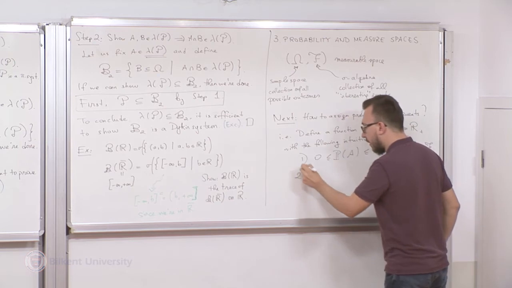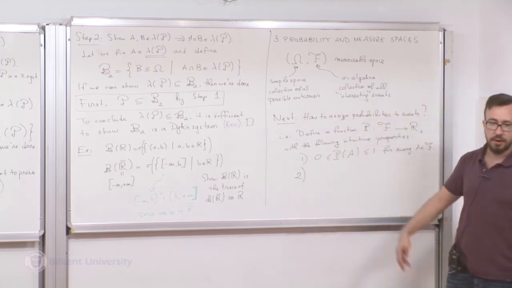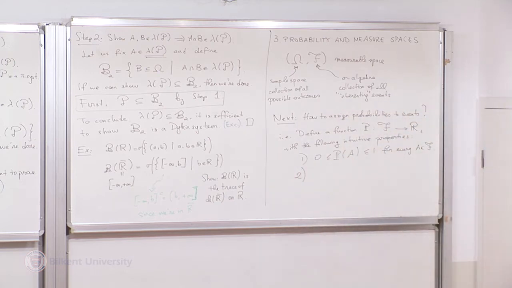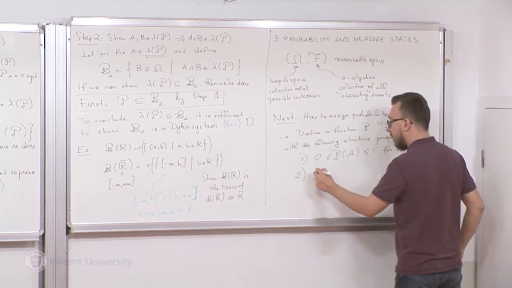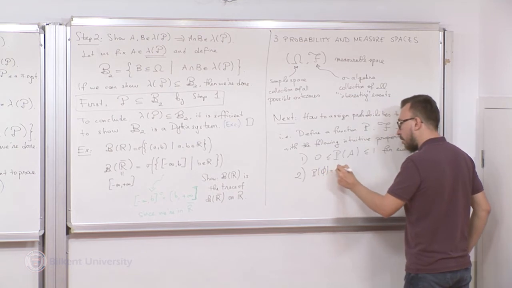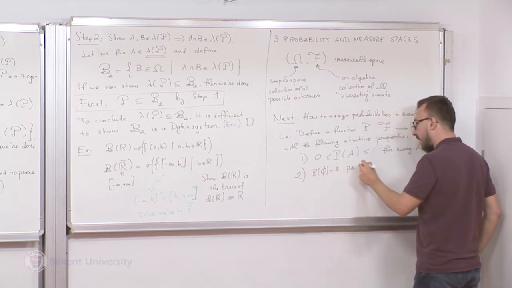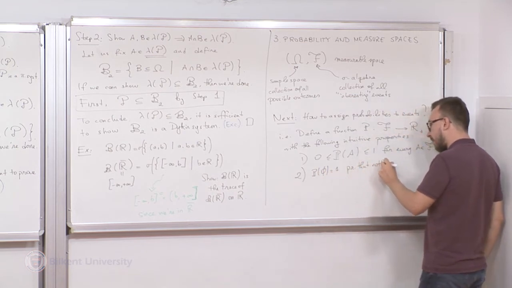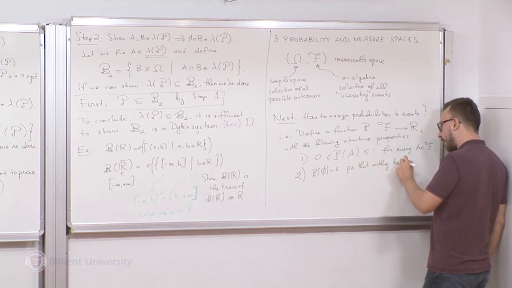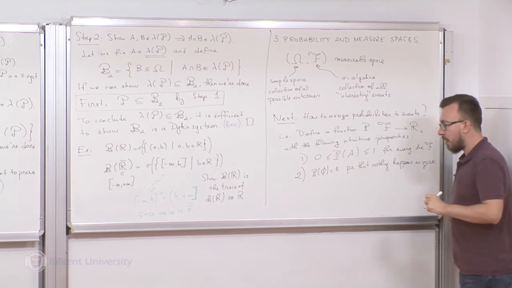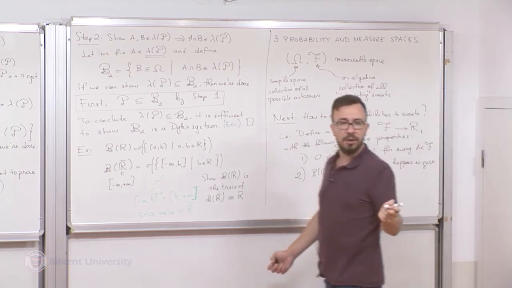What else? When is it 0? If it's the empty set, if nothing happens, so probability that nothing happens is 0. Is it the only case?